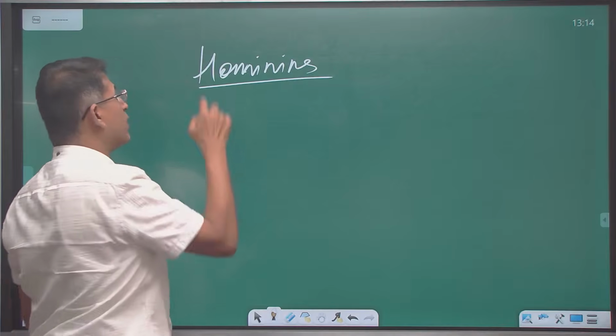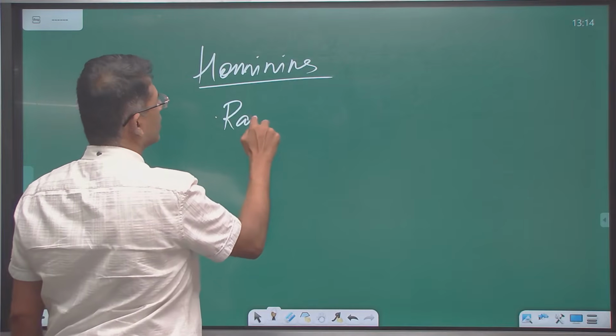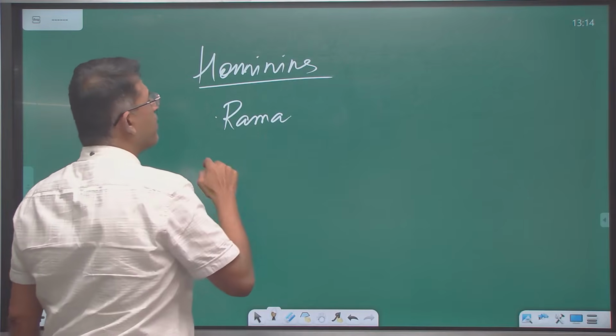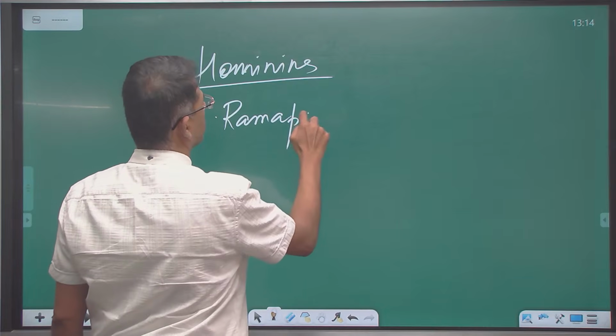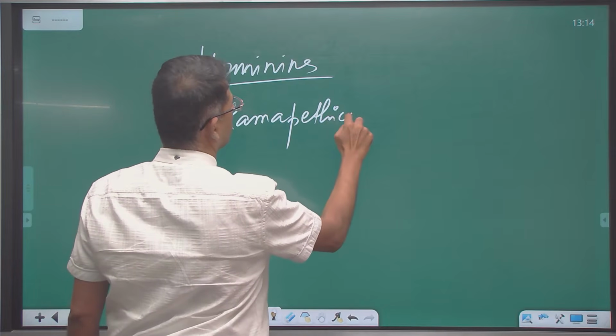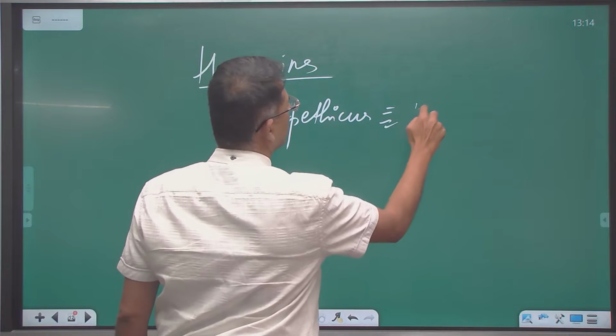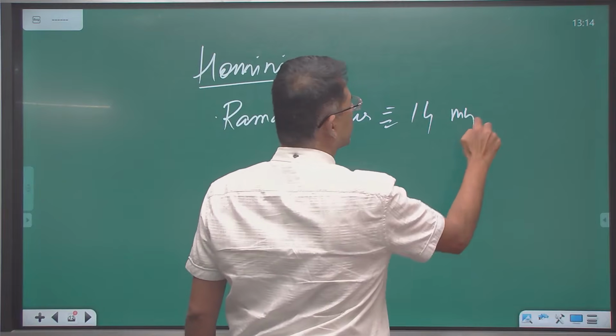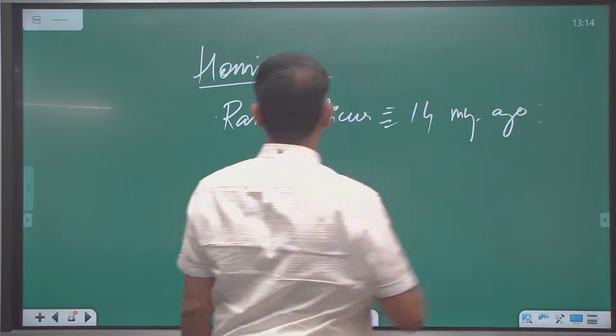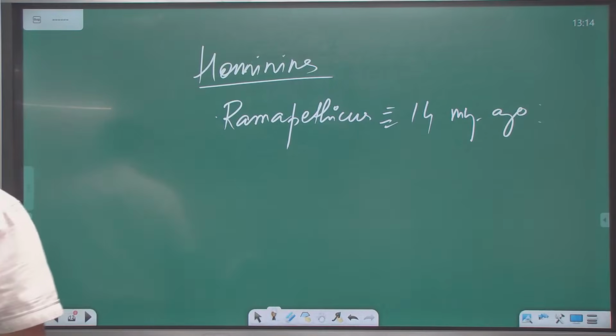अच्छा, now, in hominins, one of the earliest one was Ramapithecus, approximately 14 million years ago. The oldest one was Ramapithecus.